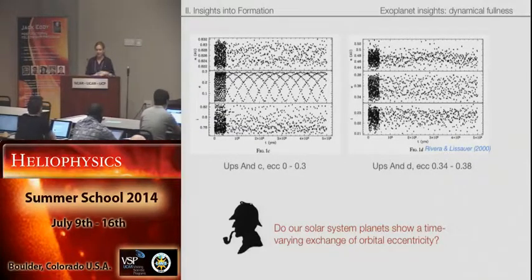This is for the class that I had last in the spring. I had my students run numerical simulations, and they started out with our solar system, and they couldn't believe it. They came back and said something is wrong. These planets' eccentricities are all being exchanged.